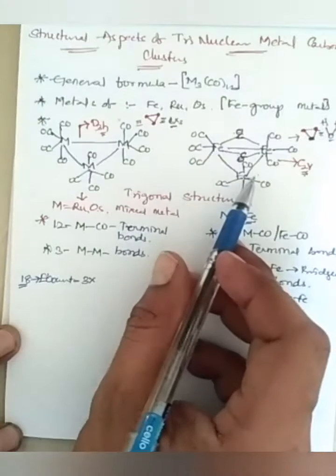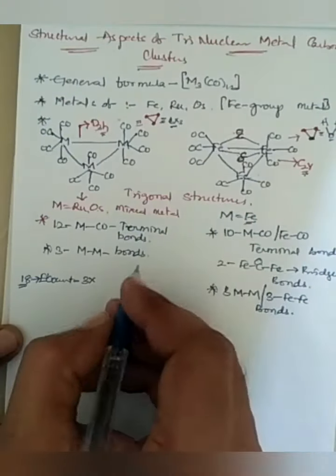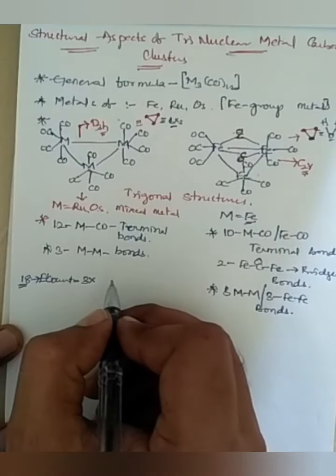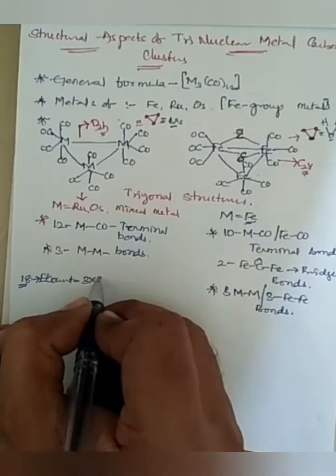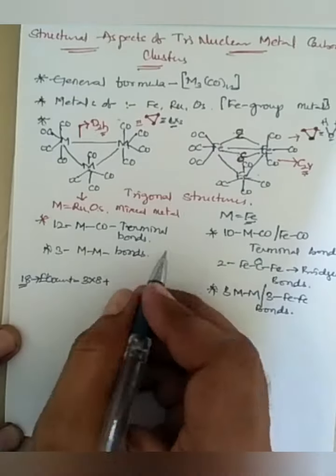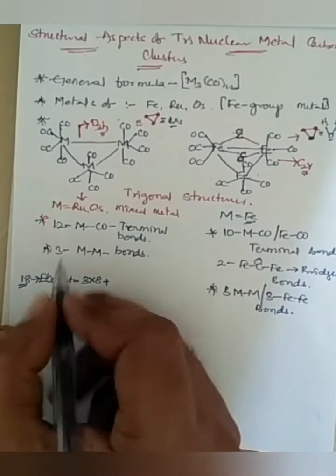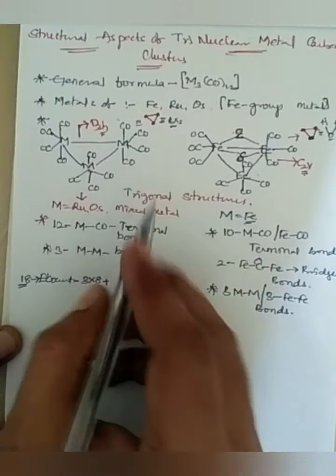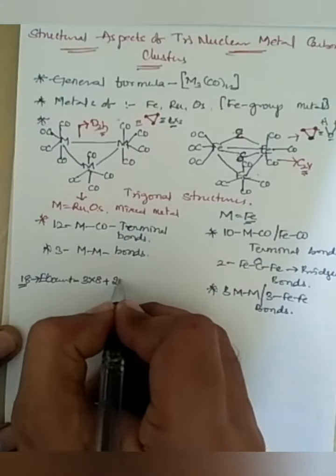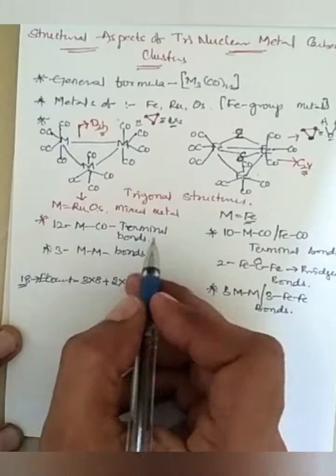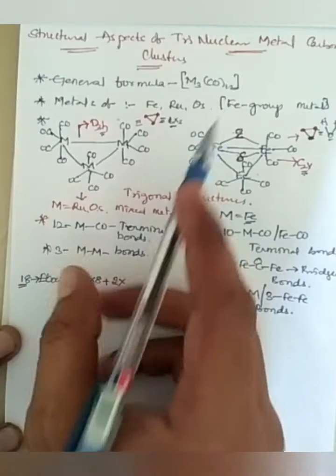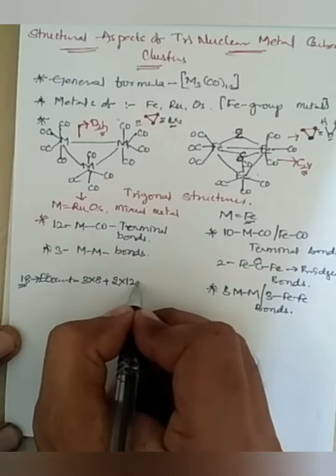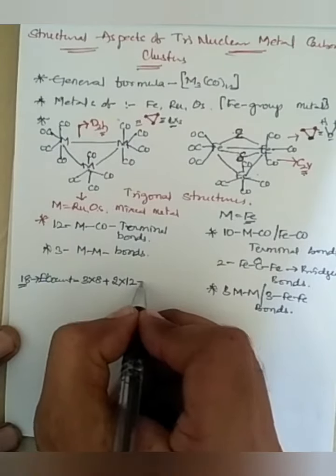Here all the iron group metal atoms have 8 valence electrons, d6s2, right? So 8 electrons, plus the number of electrons donated by the ligand side. Here the carbonyl ligand donates 2 electrons, times the number of ligands. There are 12 ligands, so 2 into 12, plus or minus the oxidation state, which is 0.